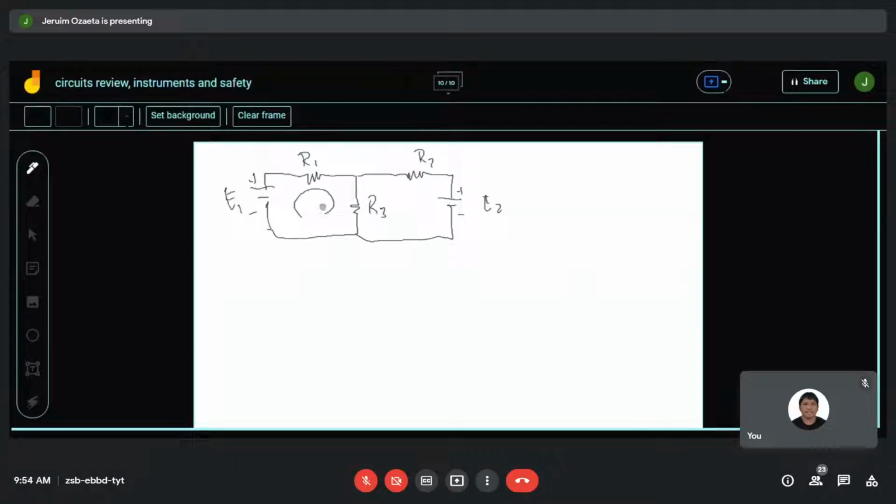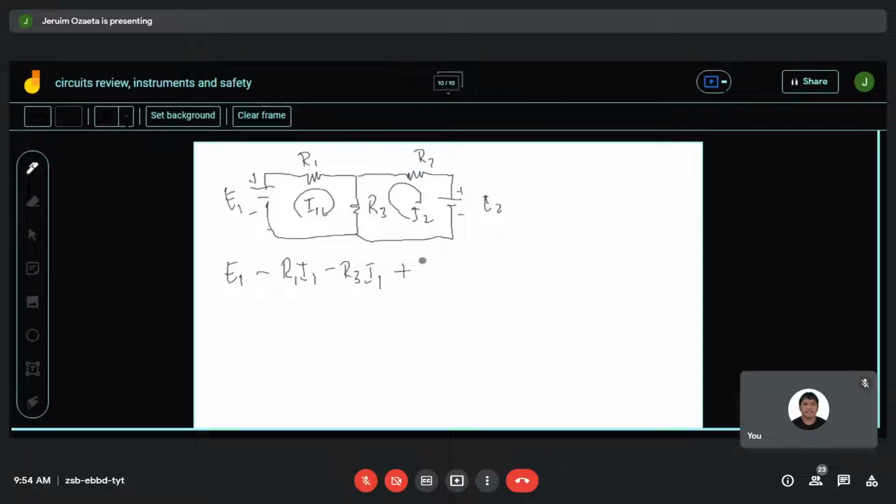So we consider the mesh I sub 1, consider the mesh I sub 2. We have E sub 1 minus R sub 1 I sub 1 minus R sub 3 I sub 1.